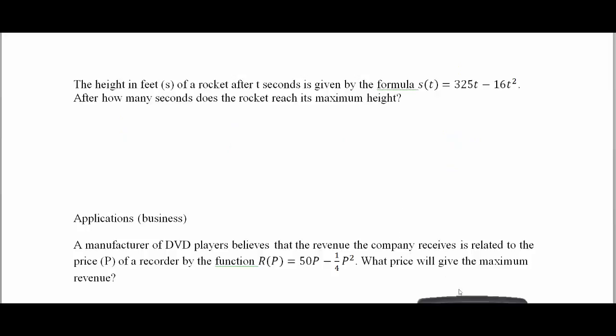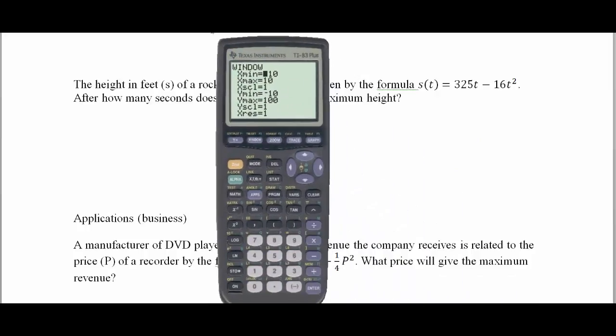So I can turn on the calculator. If I really wanted to find out how tall it was, I could type in 325 times the time of how long it would be in the air, minus 16 times 10.16 quantity squared.